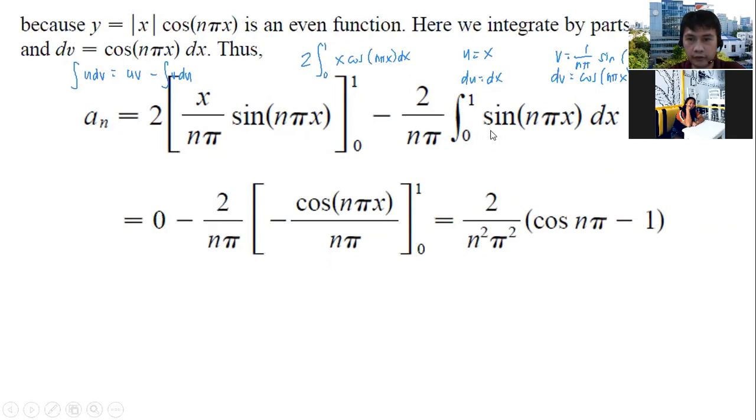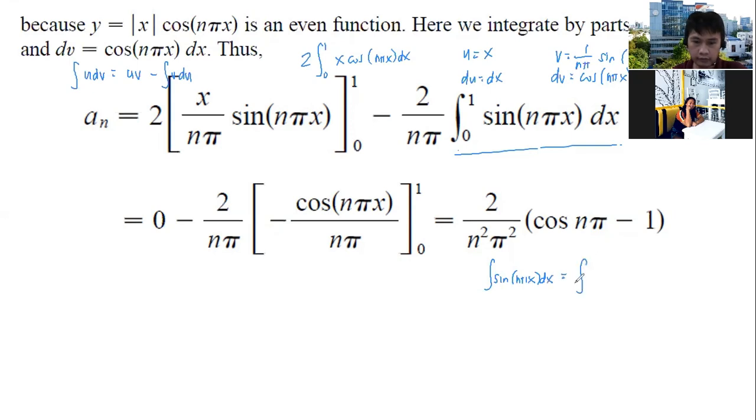Now let's try to evaluate this one, the integral of sine n pi x dx.